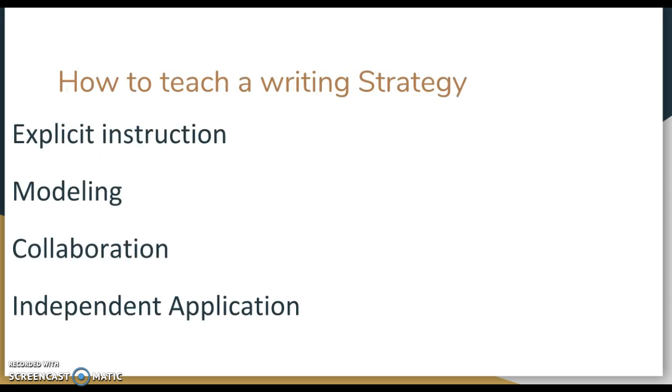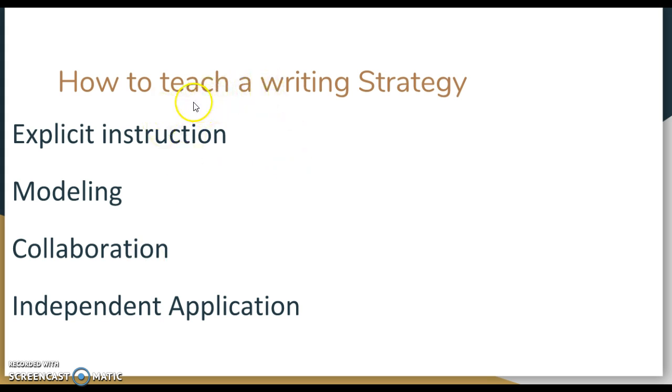Next, I intend on teaching or allowing teachers to be aware of how to teach a writing strategy, and this is really important because I can teach the writing strategy in the professional development webinar, but if teachers can't take the webinar and bring it into their own classroom, then it really has no value.